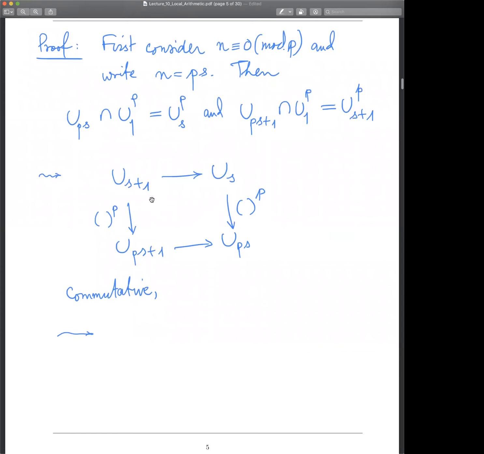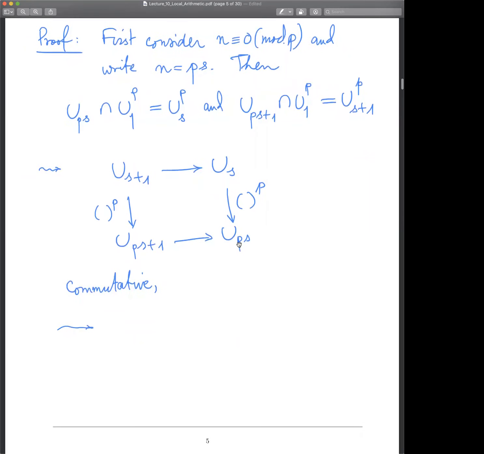And actually this raising to the power p, if you consider U_{s+1} as a subgroup of U_s, and then raise things to the power p, you land in U_{ps}, or you could raise to the power p first to land in U_{ps+1}, and then take the inclusion to U_{ps}.